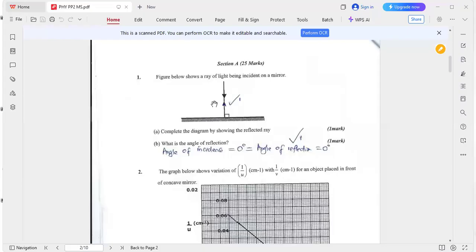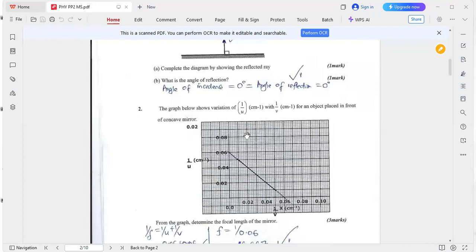Number 2, we have a graph that shows a variation of 1 over U against 1 over V, for a concave mirror. So this is usually the graph. I think what you have on your paper has a line that is hanging.